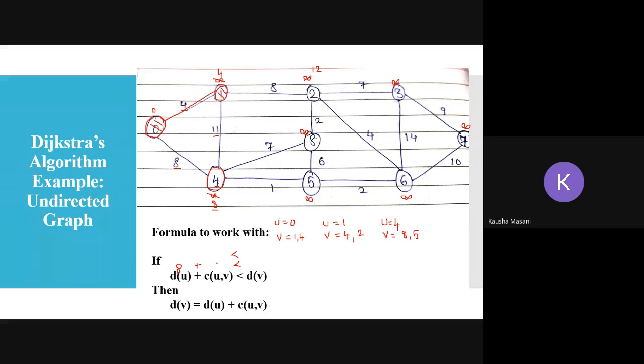It is 7. And what is the distance at 8 currently? It is infinity. So 15 is the value which I get, and 15 is less than infinity. So you are going to update this infinity to a finite distance value of 15.